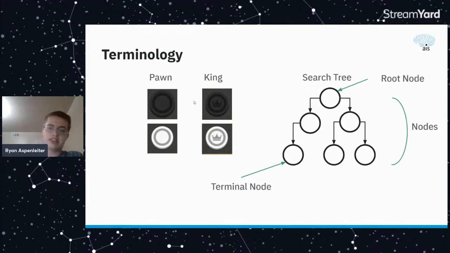There's also a term that's going to show up a bit called a search tree. A search tree is just a tree that's going to be searched through by the algorithms we end up implementing. There's the root node, which is the top node, where you start from. And then there are terminal nodes, or nodes where there's nothing coming from them. So I just want to get that out of the way. But again, any questions, feel free to ask.